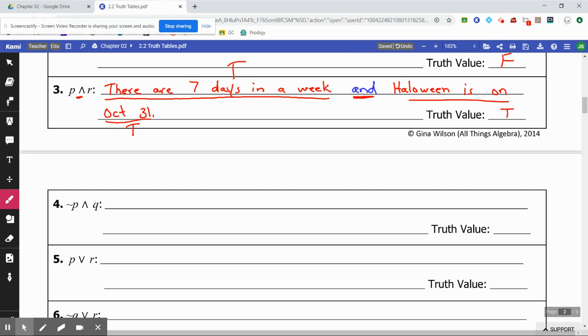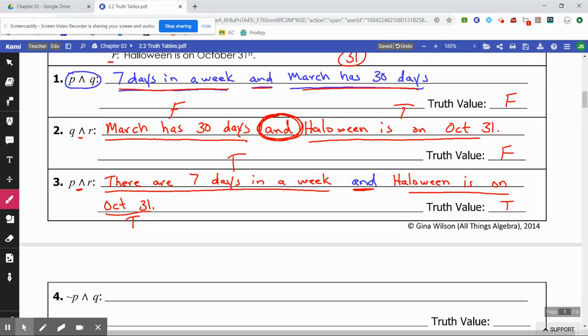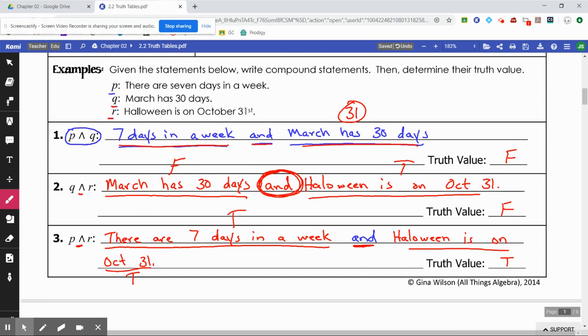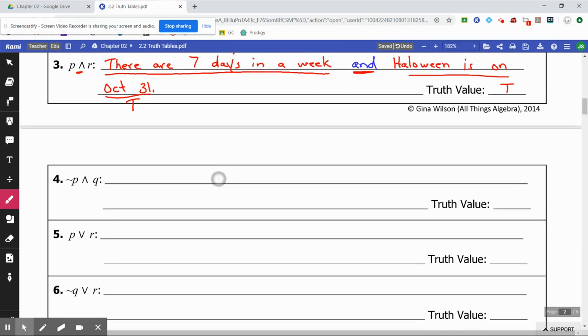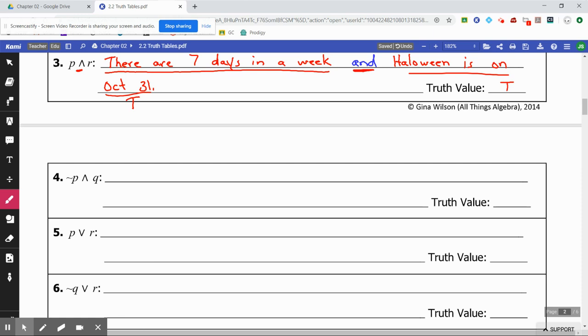The next one says not P and Q. So not P, let's start there. P says there are 7 days in a week. The little squiggly line means not, so that means there is not 7 days in a week. Again, this symbol is an and symbol, and I'm actually going to put it in capital letters here just to remind you that these both have to be true.